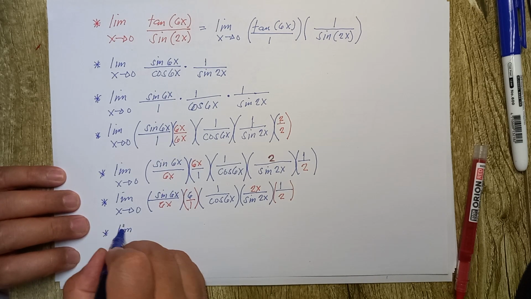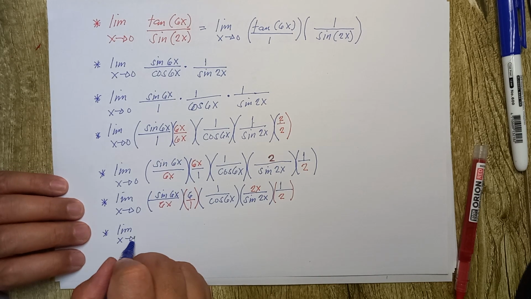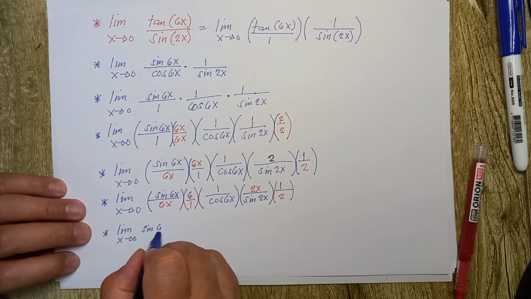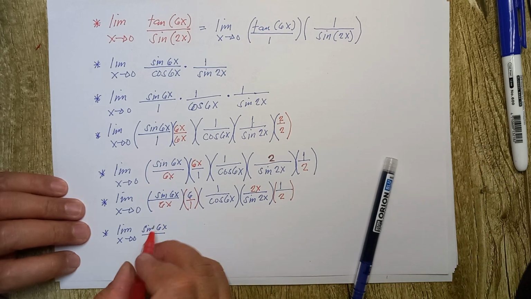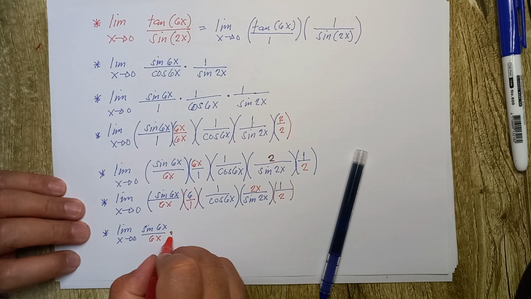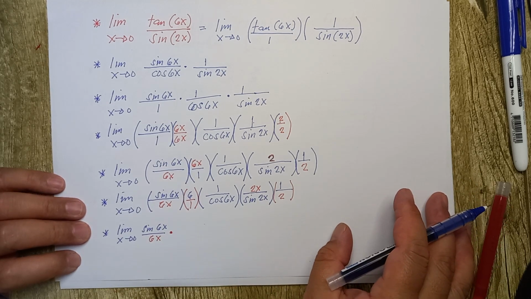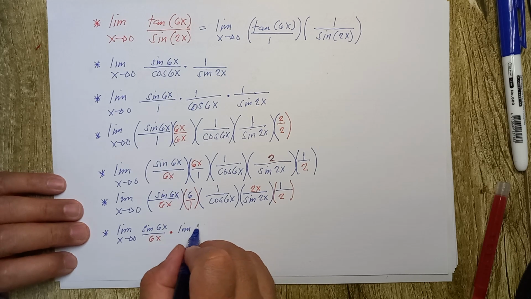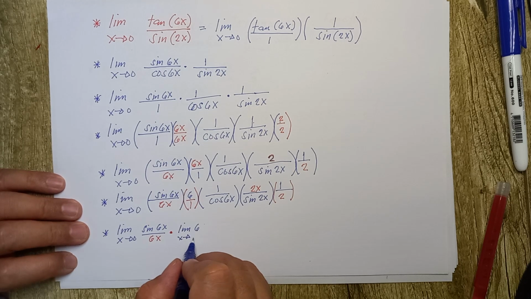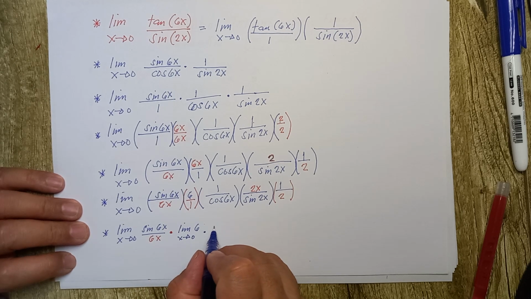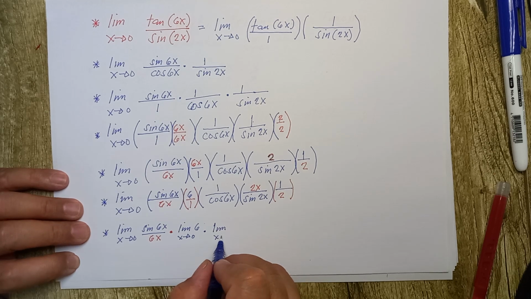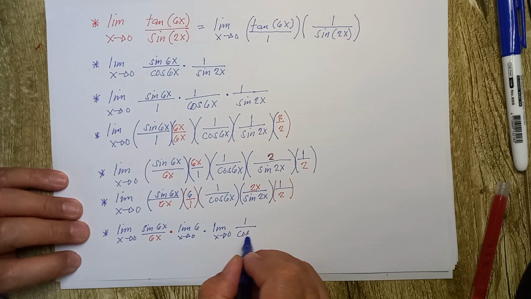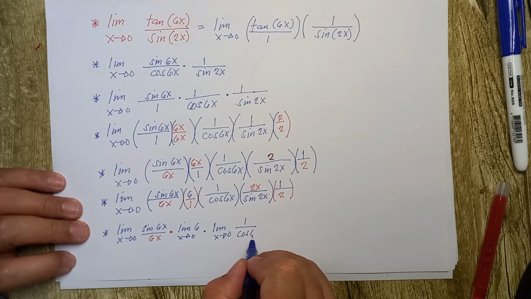When we are going to continue that one, we can have now the limit as your x is approaching 0 of sine 6x over 6x times the limit of 6 as your x is approaching 0 times the limit as your x is approaching 0 of 1 over cosine 6x.